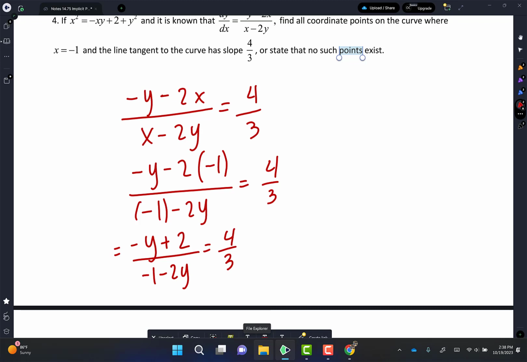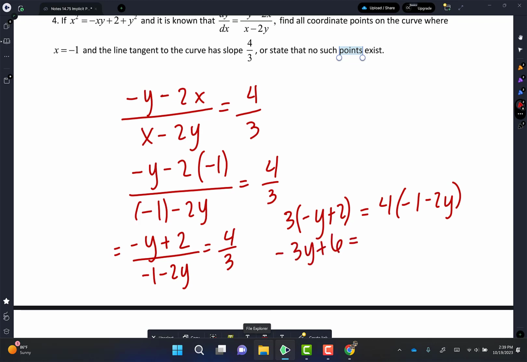So then that's going to be 3 times negative y plus 2 equals 4 times negative 1 minus 2y, right? And then that's going to be negative 3y plus 6 equals negative 4 minus 8y. And then we could just rearrange it, so the y's to one side and the whole numbers to another.